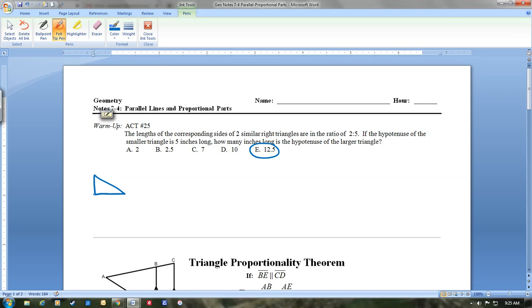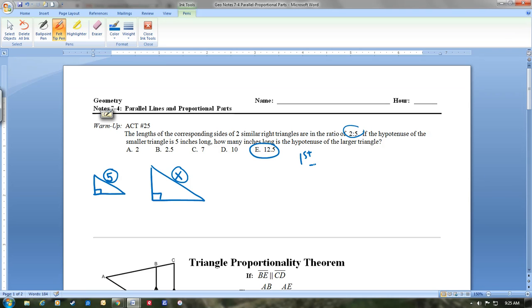We have a smaller right triangle and a bigger right triangle, and it says that they are in a ratio of 2 to 5. The hypotenuse is 5 of the small, and how many inches long is the hypotenuse of the larger? We would set up a proportion because they are similar triangles.